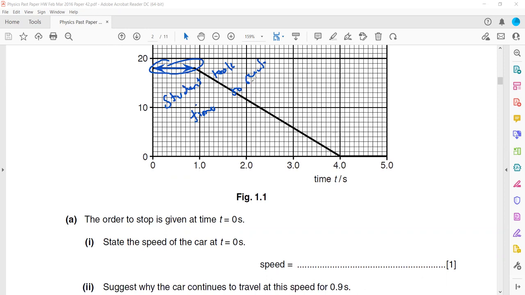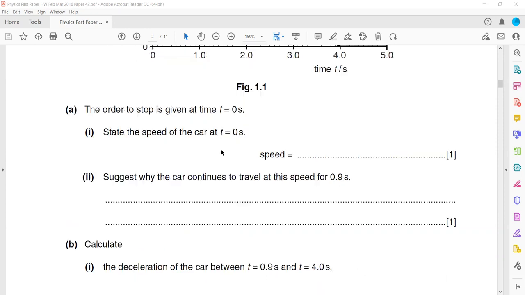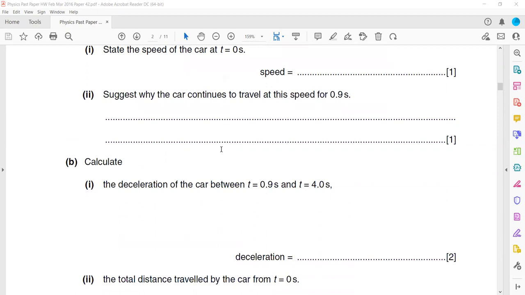That's why the car did not stop. So why did the car continue to travel at this speed for 0.9 second? Because the student took time to react, or the reaction time of the student is responsible that it does not stop immediately.